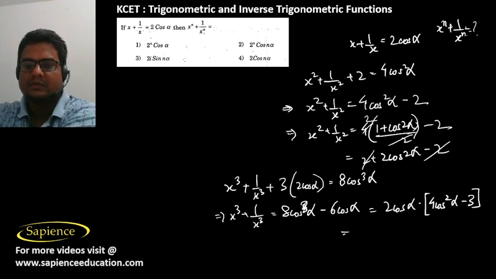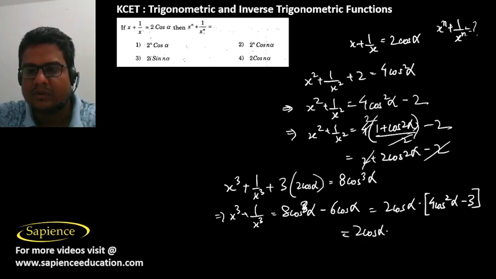So this will be 2 cos alpha into, I can write 4 cos square alpha as 2 plus 2 cos 2 alpha, minus 3. So this is 2 cos 2 alpha minus 1.